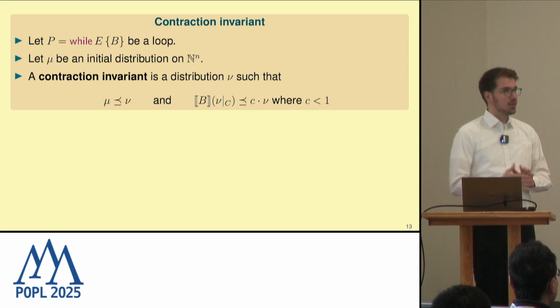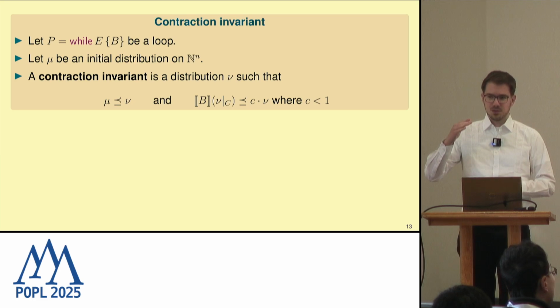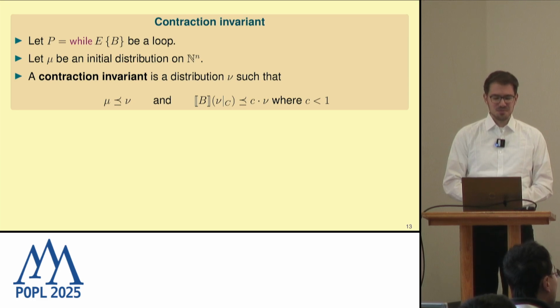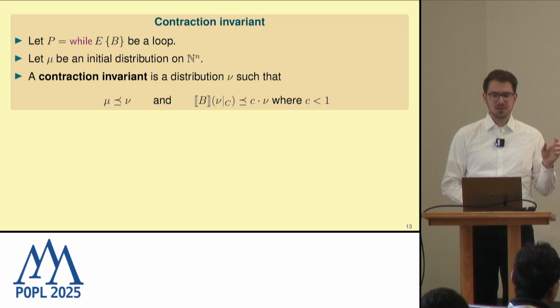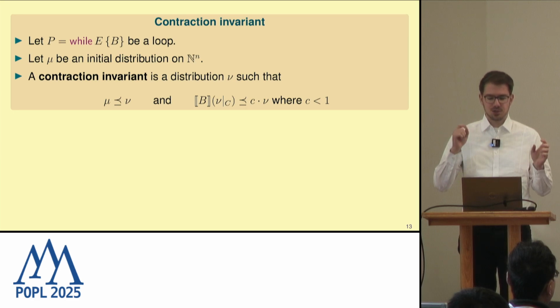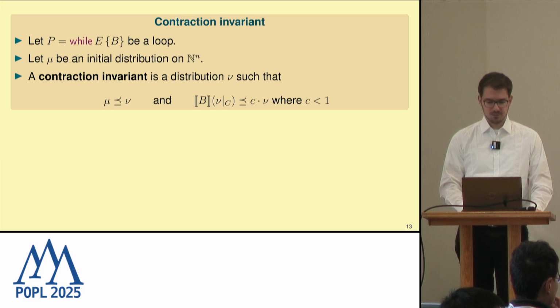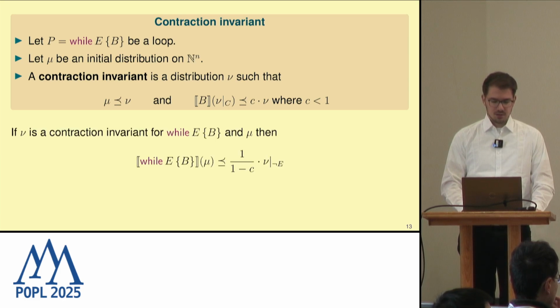So just to define this properly, we call this concept a contraction invariant, because the distribution contracts by a factor of c. If we have an initial distribution mu, then a contraction invariant is another distribution nu that bounds mu, and that decreases uniformly by this factor c. And by the same argument as in the previous slide, we can then bound the distribution of the loop on mu using this contraction invariant.